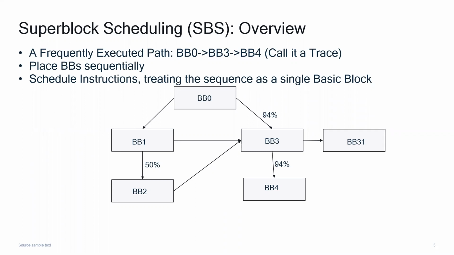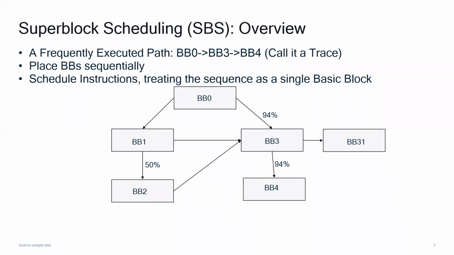What we will do in superblock scheduling is first identify traces, and then place the basic blocks in the trace sequentially. Why is it preferable to do that? For instance, in the final code layout, which basic block do you think should go right behind bb0?